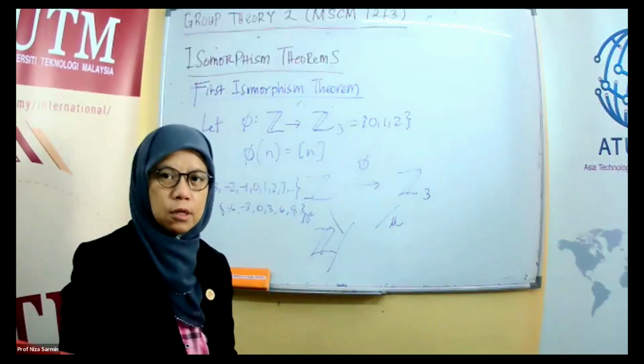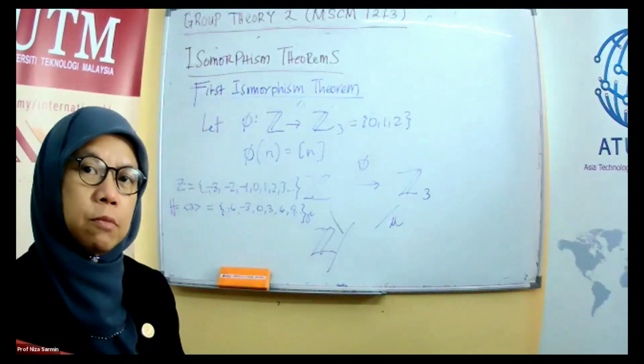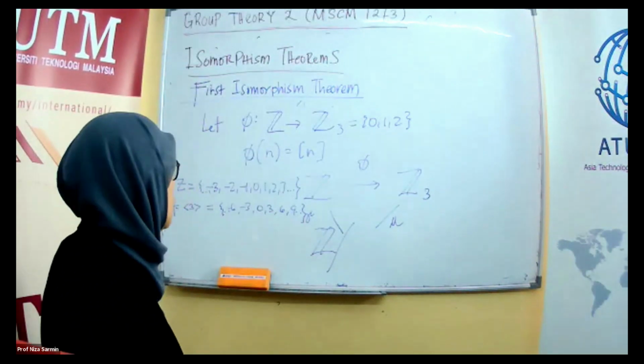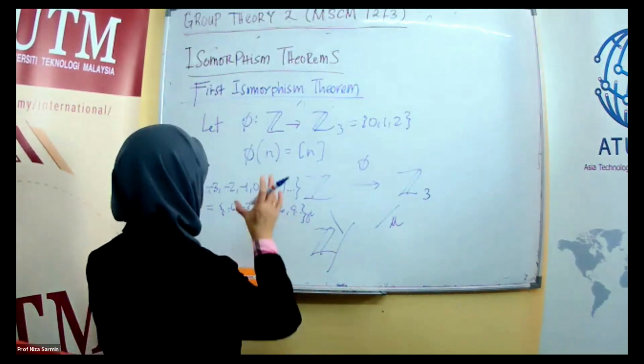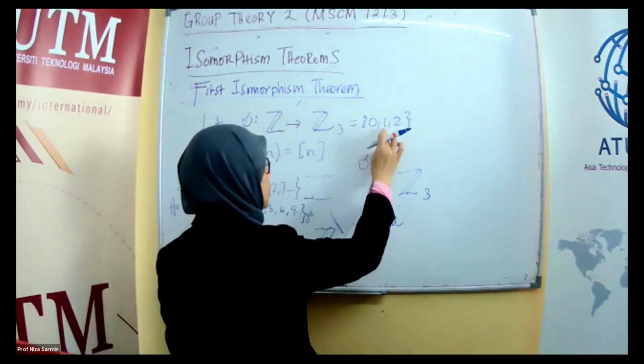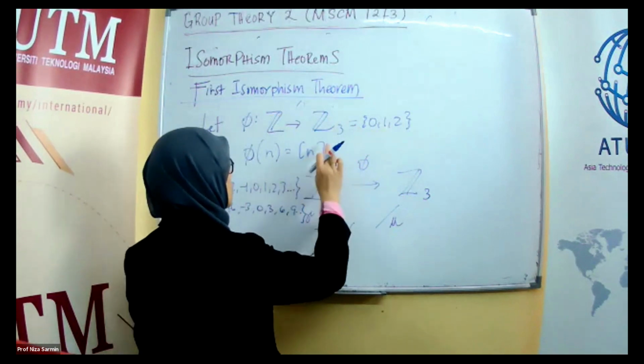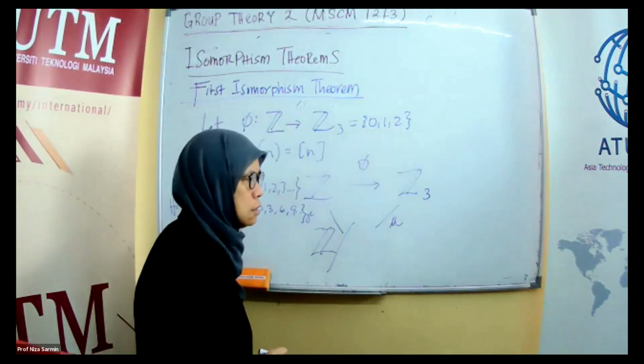Any subgroup is normal. It's an abelian group, so every subgroup is normal. I want every element in here to break up into 3. So this is what I mean. Only 3.